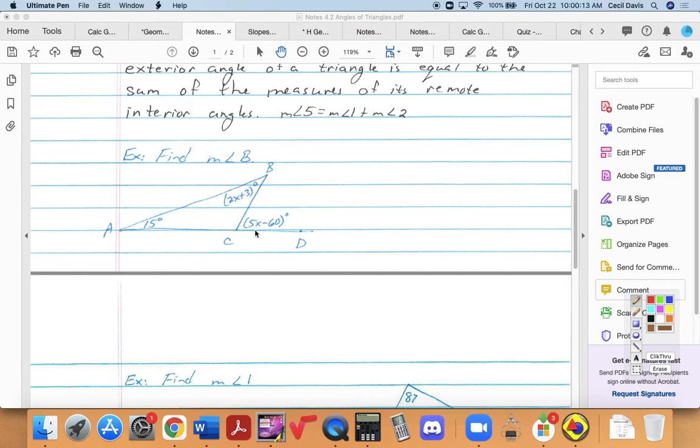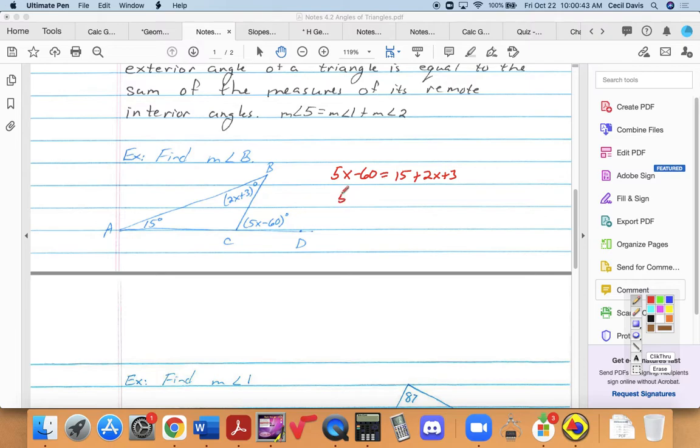Notice that this angle is an exterior angle to the triangle because it's formed by extending one of the sides of the triangle. So the exterior angle, 5x minus 60, is equal to the sum of the two remote interior angles. So 15 plus 2x plus 3. So the exterior angle is equal to the sum of the two remote interiors.